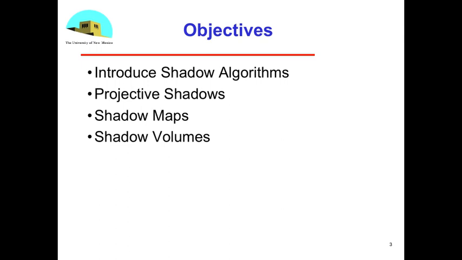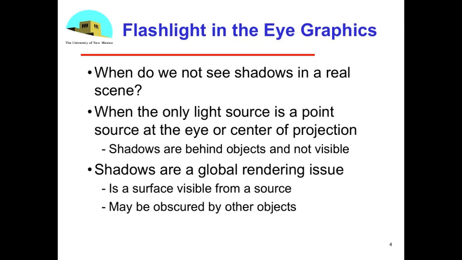We'll go a little bit further after the next section when we talk about textures and rendering to texture. We'll fill out the picture. But at least in this part you'll get an idea of just how you can use projection to do many things. Okay, so let's start with this idea called flashlight in the eye graphics.